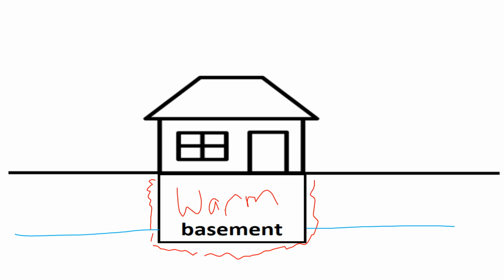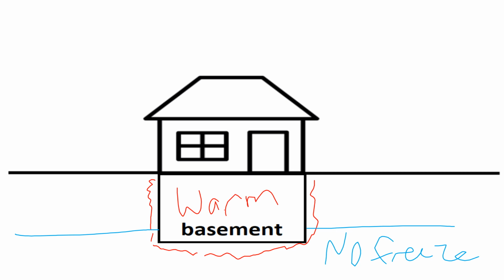You have to have the basement lower than that frost line. So long as the basement is built lower than the frost line, the water in the ground won't freeze because the water deep underground never freezes. So water down here doesn't freeze. So if you go deep enough, the water will stay as liquid water.